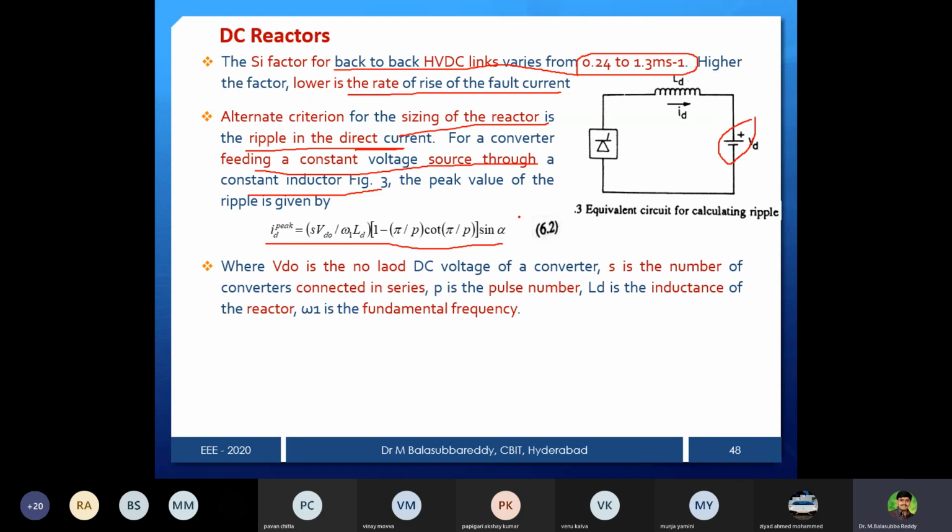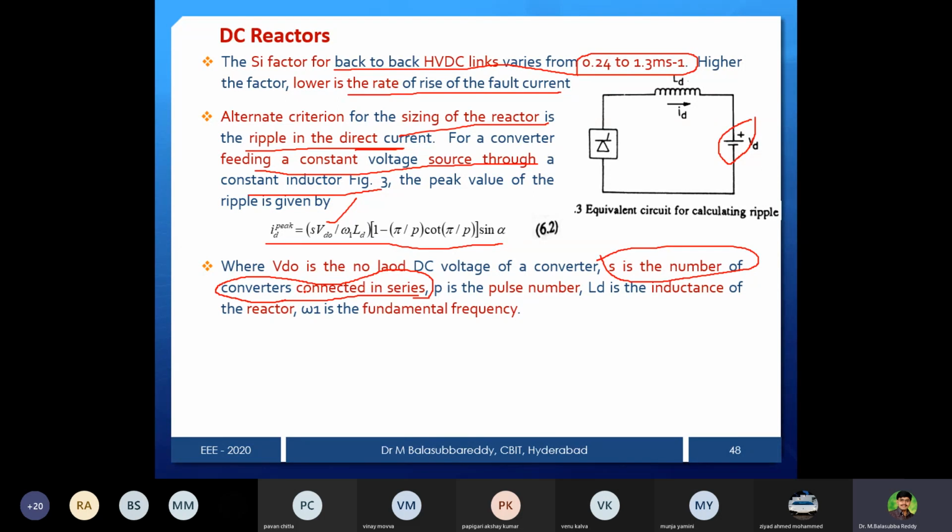There is a peak current, and you can see the no load DC voltage of a converter, that is VD naught, and some empirical relations are mentioned. The number of converters connected in series, you may have a doubt here why, because this HVDC transmission may not be used directly as a 6 pulse converter.